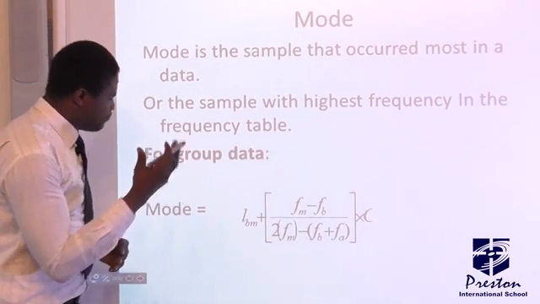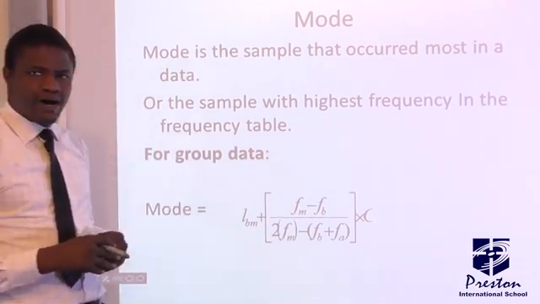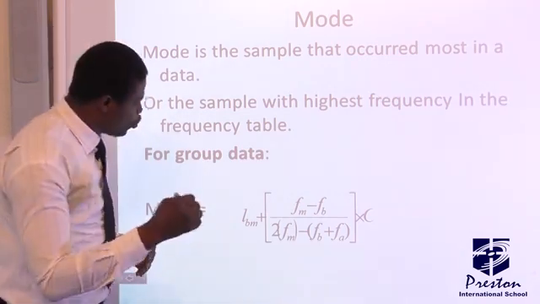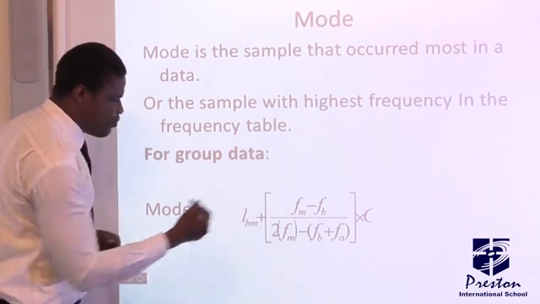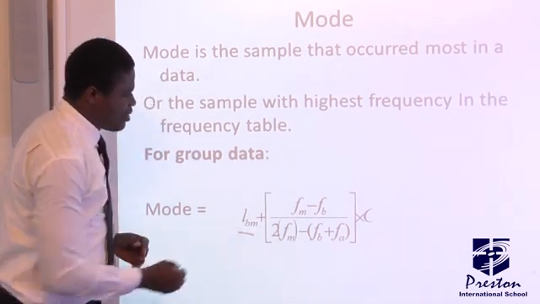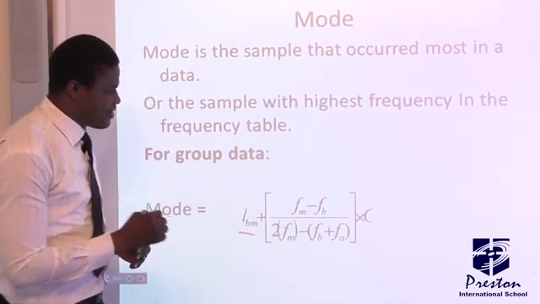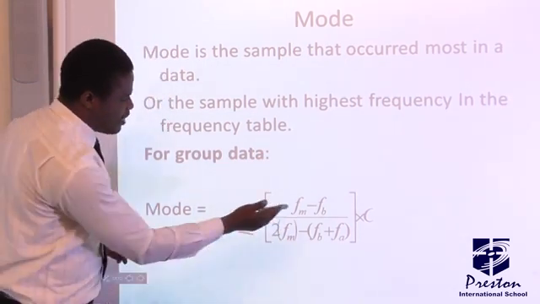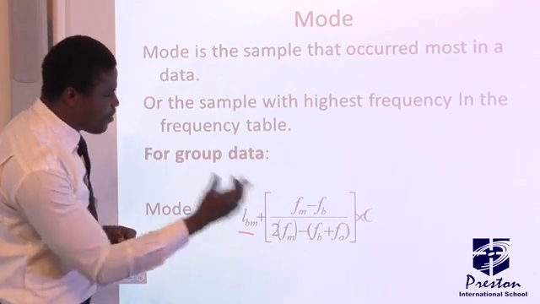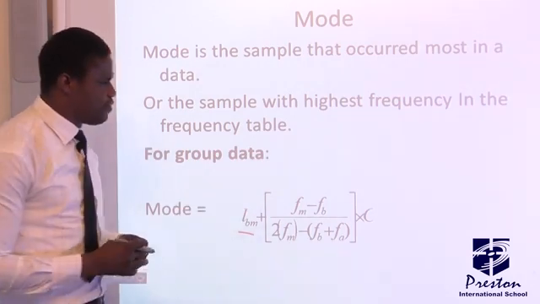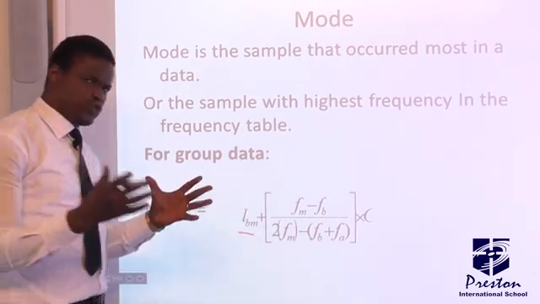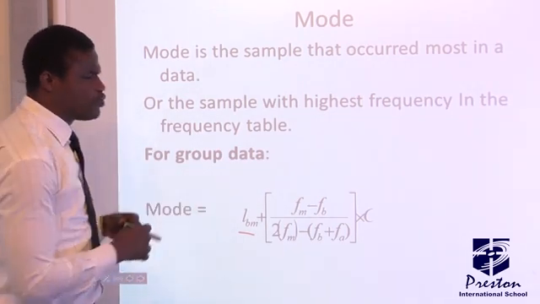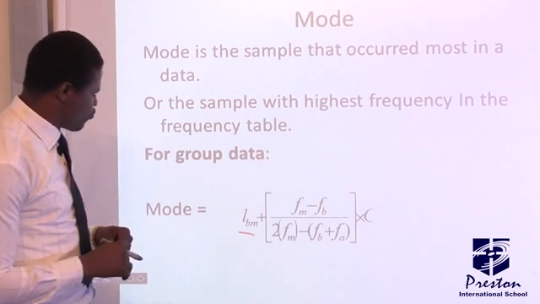Now, when we are dealing with grouped data, to calculate mode we have this formula again. This is the lower class boundary of the modal class plus, in brackets, the frequency of the modal class minus the frequency before the class. Then we have this formula, and we are going to solve more questions related to it in Google Classroom.